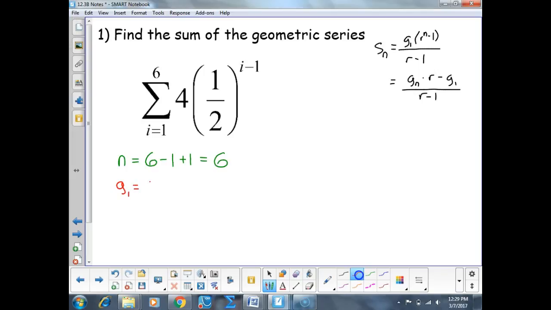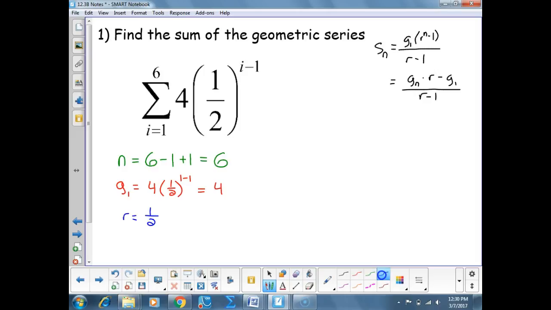Plug in bottom into that. So 4 times 1/2 to the 1 minus 1 power. 1 minus 1 is 0. 1/2 to the 0 power is 1, times 4 is 4. What's R? R is 1/2. It's what the power is being taken to.